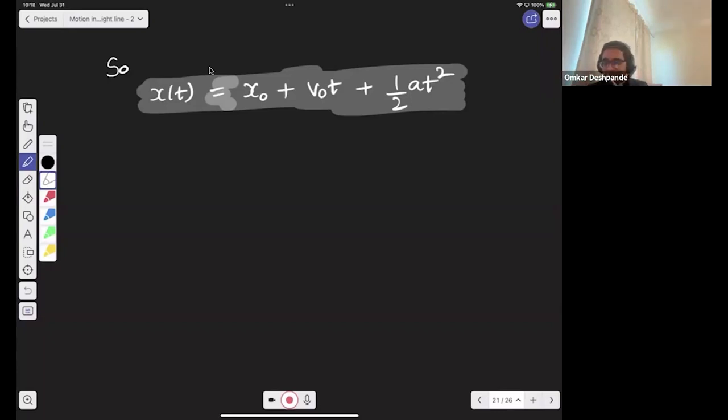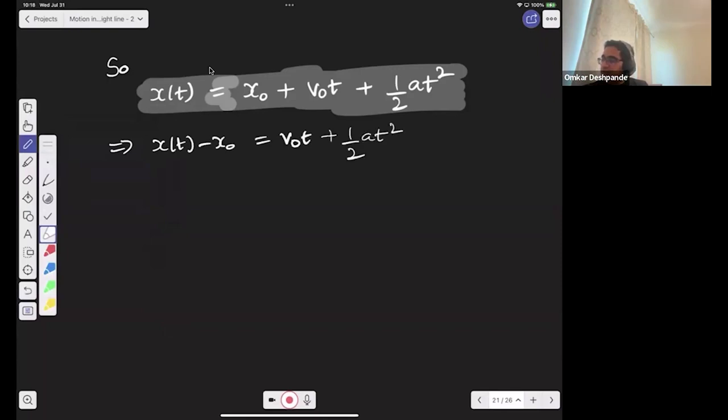By the way, another way to write this is x(t) minus x0 is v0t plus half at squared. x(t) minus x0 is just the change in position, or you can say the displacement.